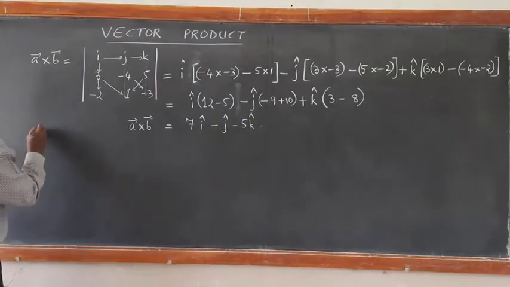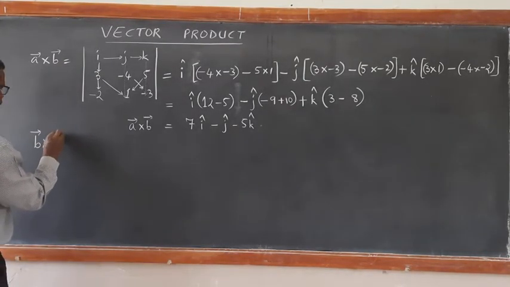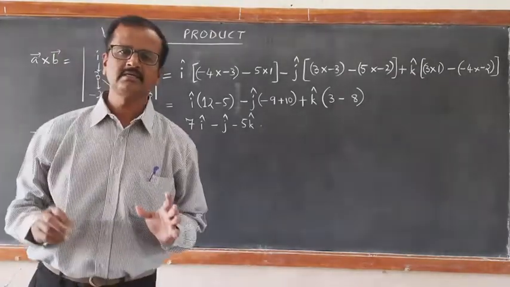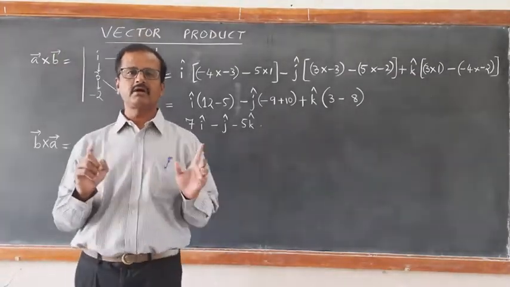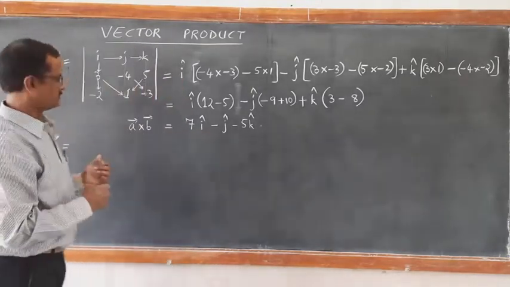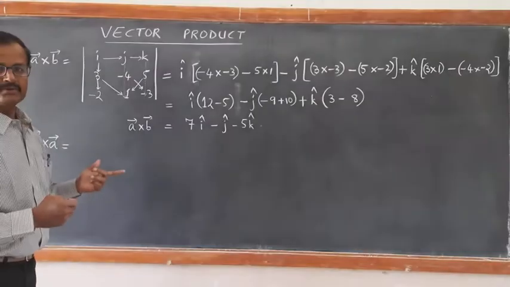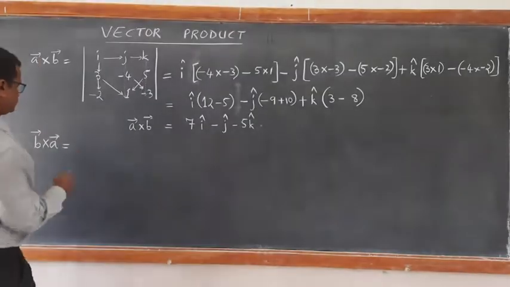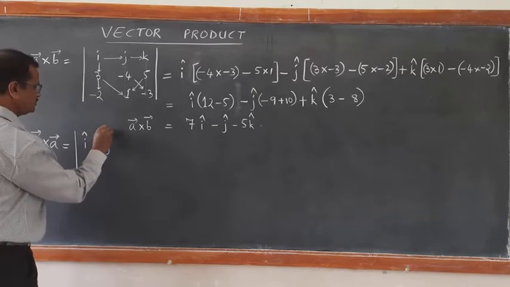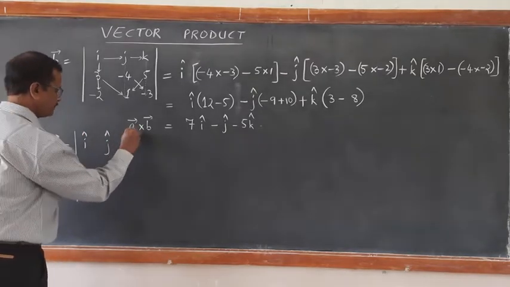For example, if you want to carry out B cross A, we have seen yesterday that the vector product is not commutative. We can verify whether it is commutative or not. In the same manner, i, j, k.